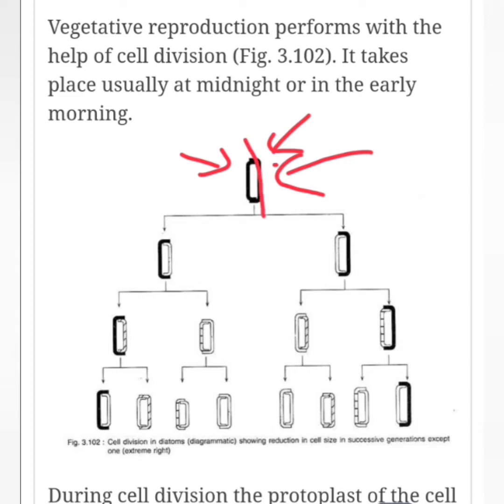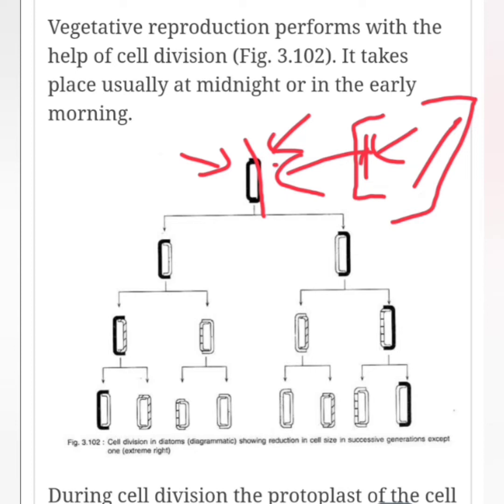So suppose this is the hypotheca and this is the epitheca, they get separated. The protoplast also gets separated into the hypotheca and the epitheca. So what happened when these two get separated? The protoplast becomes naked from this side, because there is no covering right now, as these two theca have separated.